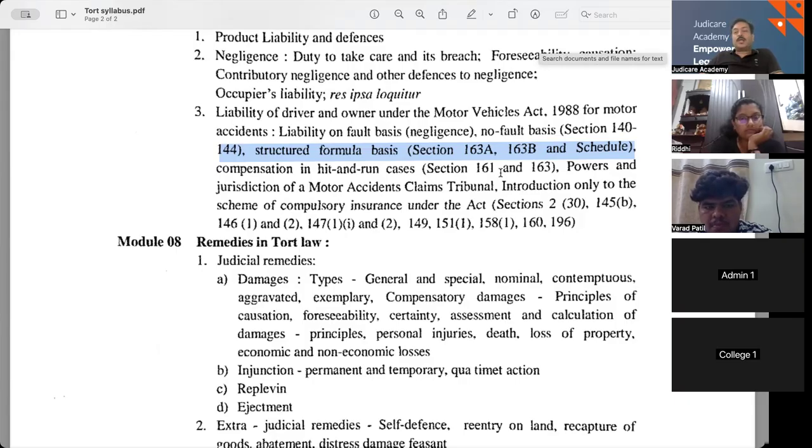So what defense can the insurer take in this case? That there has been a breach of specified conditions of the policy. So the insurance company will come back with clauses like a condition excluding the use of the vehicle. The vehicle was not supposed to be used here, and that's the reason I will not be paying. The person has to pay by himself.